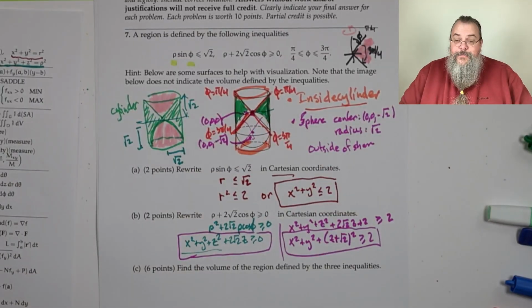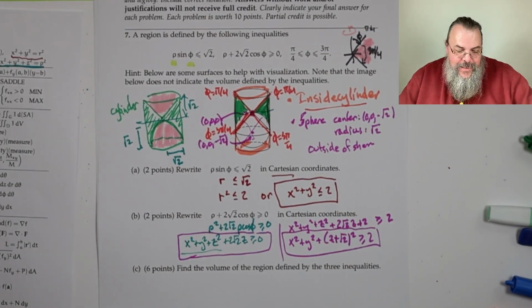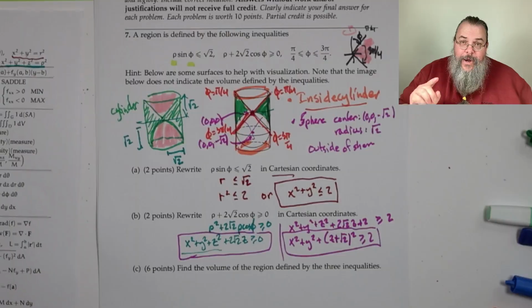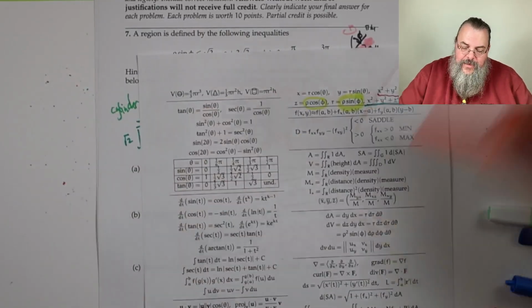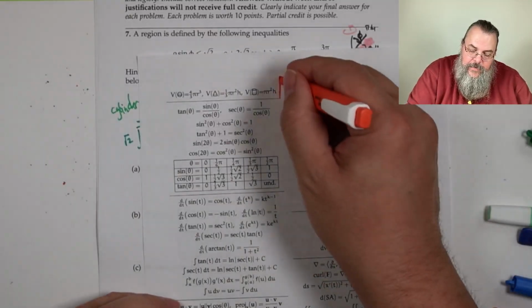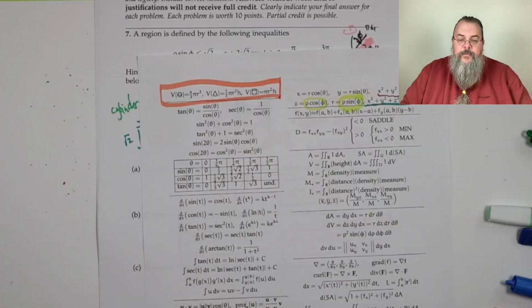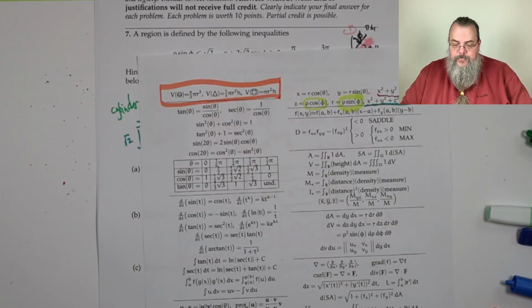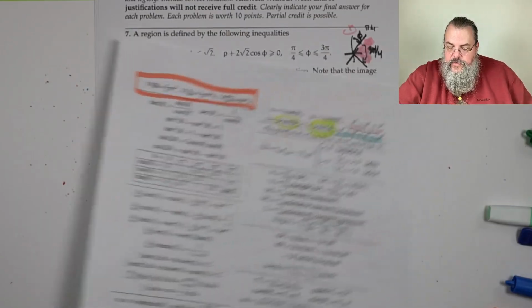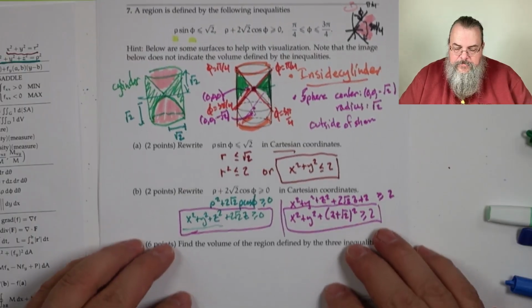So we have lots and lots of root 2's. But how do we find volume? Our formula sheet gives it to us. In fact, we have all three volumes: volume of a sphere, volume of a cone, volume of a cylinder. And so we'll just go through and put it together.